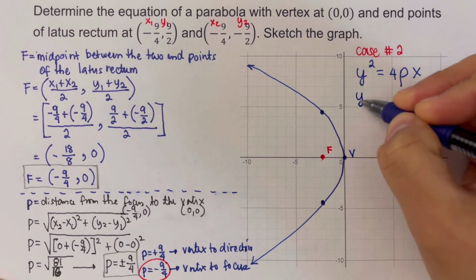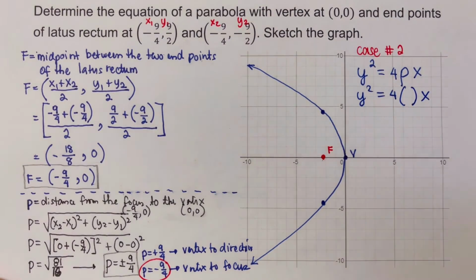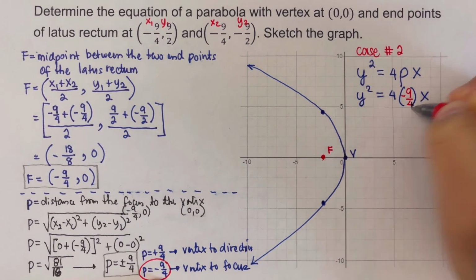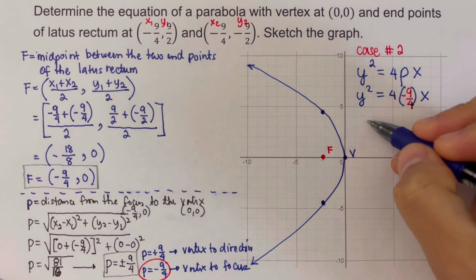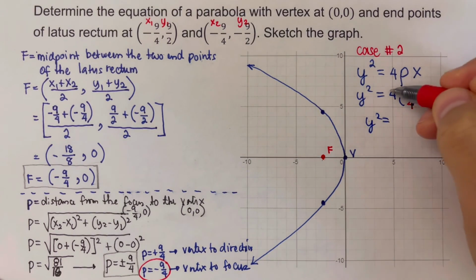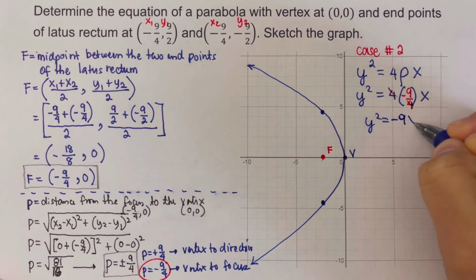So that would be y squared equals 4 times x. Again, our P is negative 9 over 4. So this gives us an equation of y squared is equal to, we can cancel the 4 and 4, so that is negative 9x.